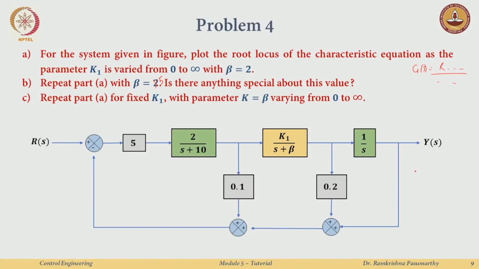So, first I need to get the characteristic equation. Now, given this, do I know anything which I learned in the past that would directly give me the characteristic equation?